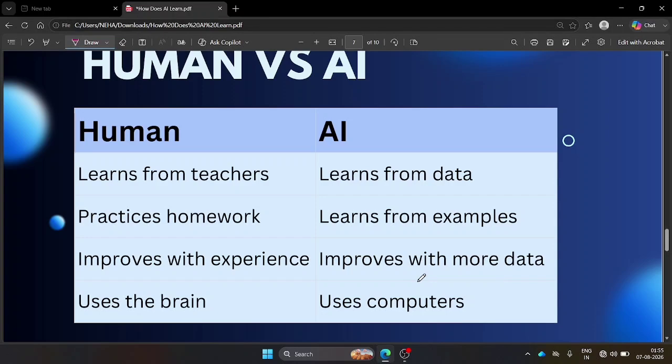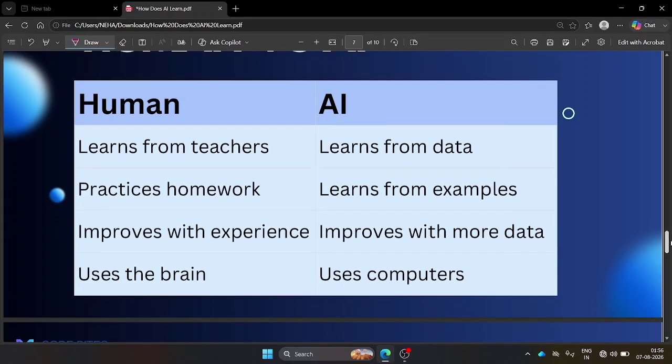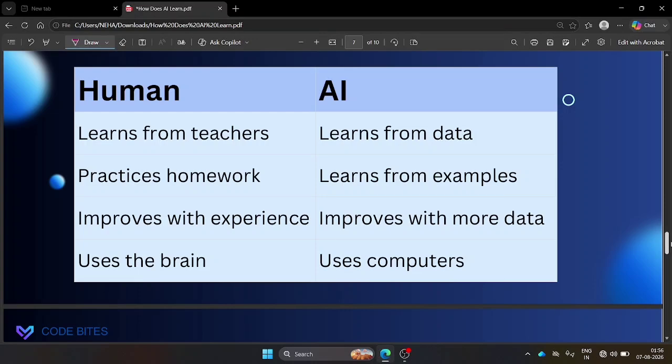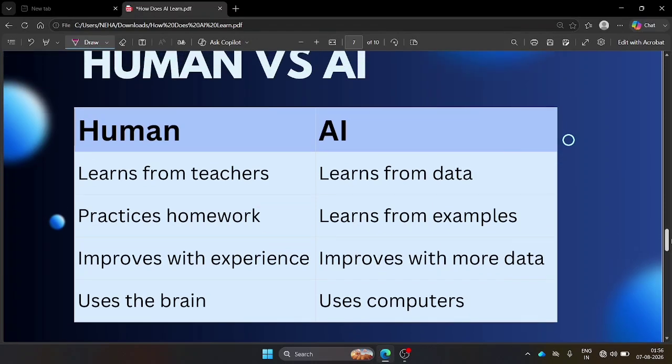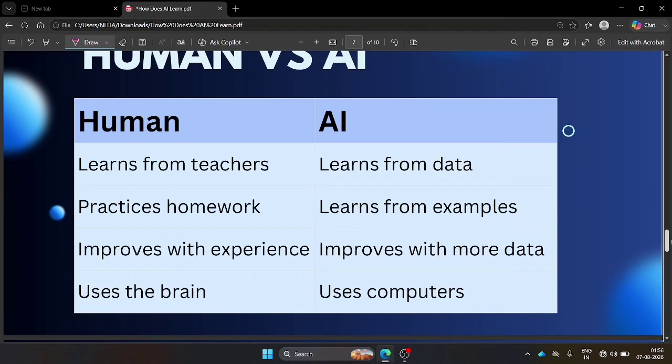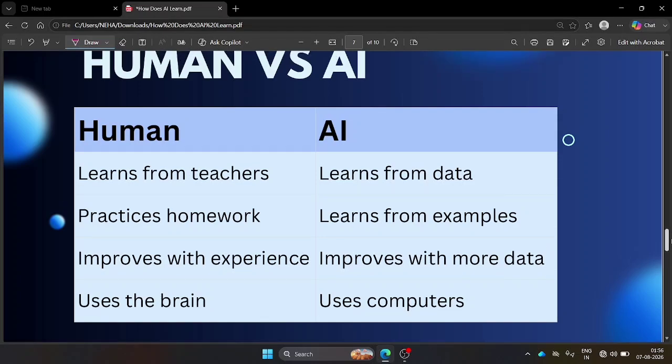Here in AI, data is the most important thing. Without data, AI is nothing. If you are feeding wrong data to the AI, you will get a wrong answer only, right? So it uses the brain, it uses computers, it uses a machine, right? So one thing I want to say: don't depend completely on AI, right? Sometimes it will generate a wrong answer. So first try to find your own answer, then compare with that.